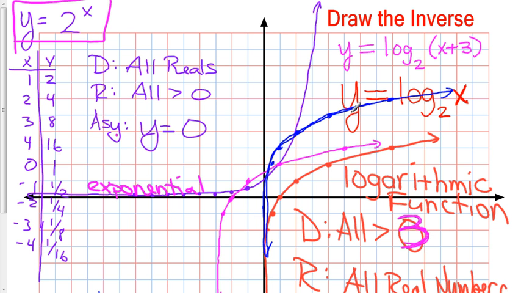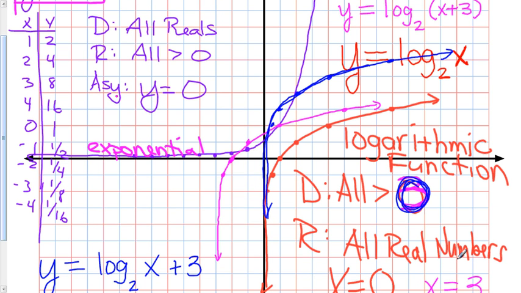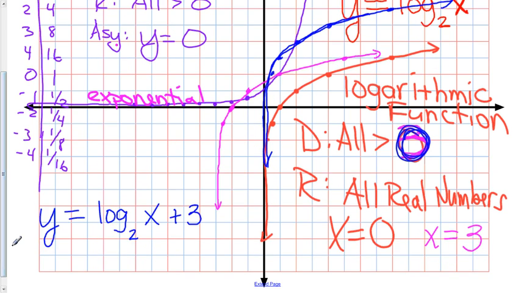And now with this one, because it is shifted up 3, our domain would stay greater than 0. Our range would still be all real numbers. And our asymptote would still be at x equals 0. It would cross the x-axis at a different coordinate, but everything else would stay the same because it's shifted up or down. And so that's what a logarithmic function looks like.